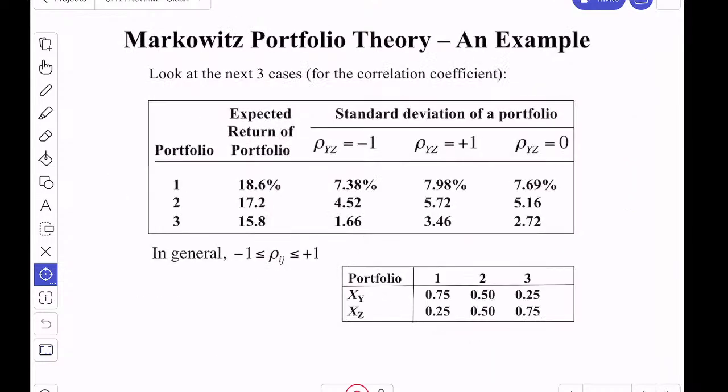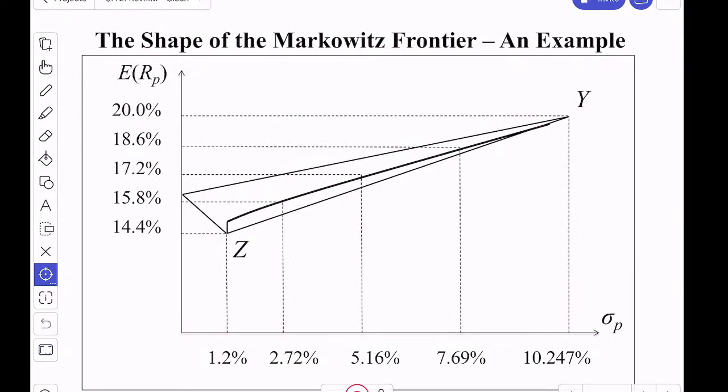So let's plot those. You can plot those in this space. You can put expected return of the portfolio here as a measure of return. And you can put the standard deviation of the portfolio here as a measure of risk. And so now I'm plotting the trade-off between risk and return.